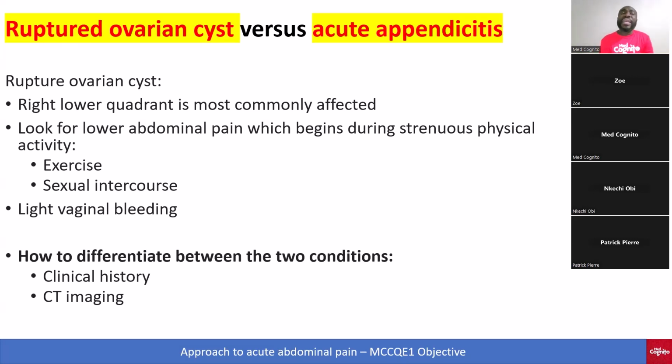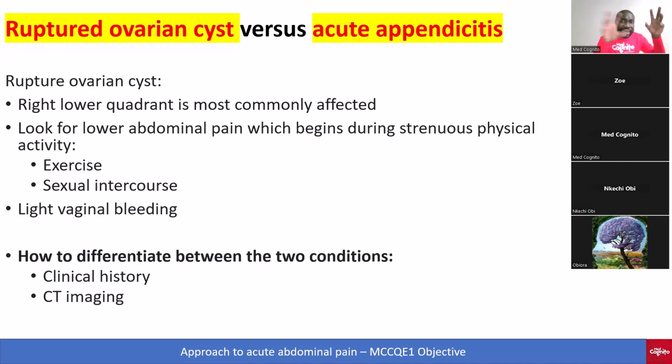Ruptured ovarian cysts, the patient will have right lower quadrant pain, and then look for that patient who says that the pain started during exercise or the pain started with sexual intercourse. So don't get the two twisted.